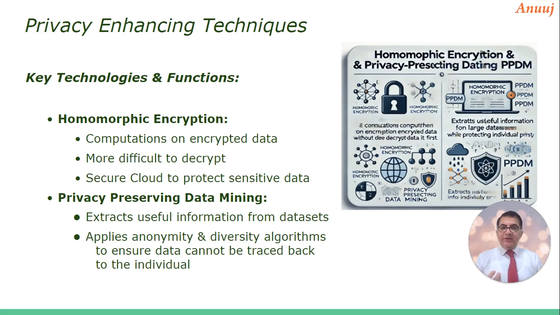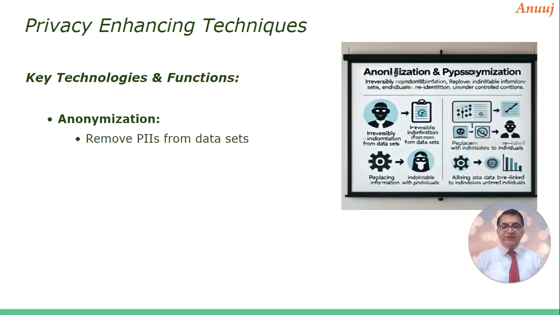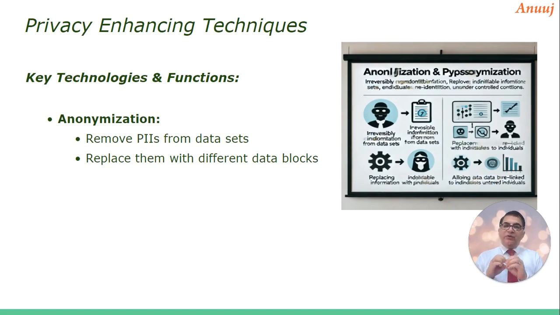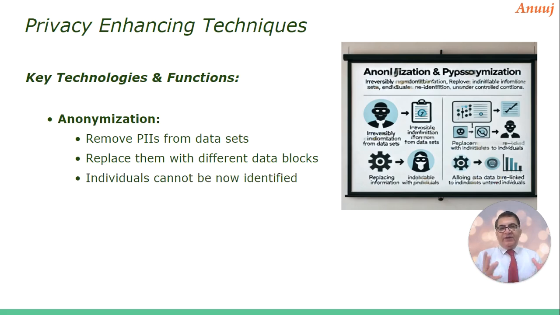This is similar to what you also call anonymization, where you remove the PIIs and instead put some different data blocks over there. So when someone is able to access the data and take it out of the system, if he does not have the same anonymization tool, he cannot open the data, he cannot identify the data. Even if he is able to identify a part of the data, since PIIs are not with him, he cannot link the data to whom it actually belongs.